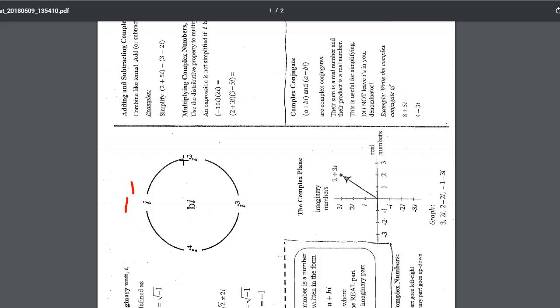And so when you have i to the second power, well, that's important, right? Because what you'll end up having, sorry folks, I'm grabbing my other paper here, is i squared is equal to negative 1. So right here I would write equals negative 1. Okay, i cubed is negative i.